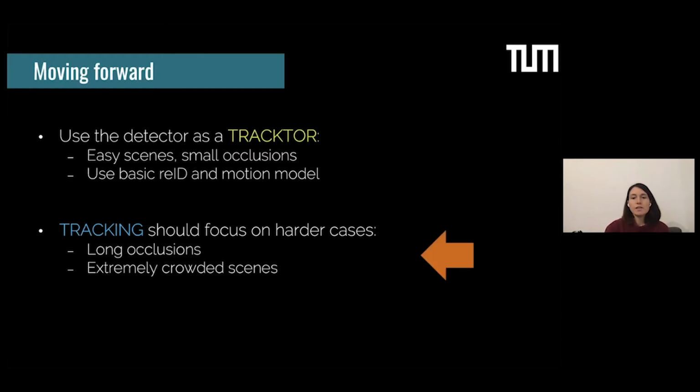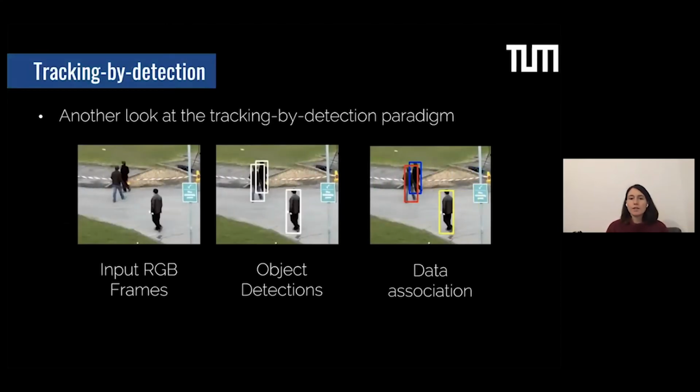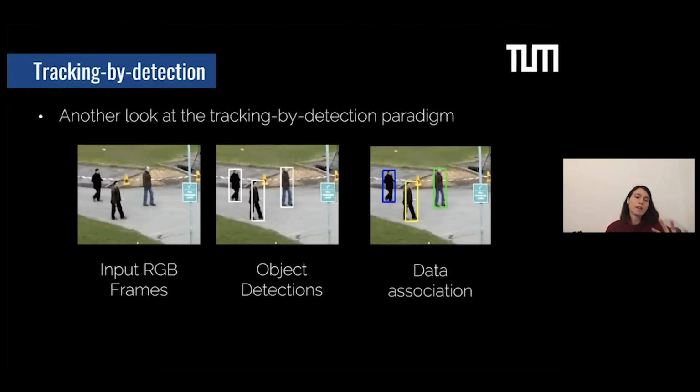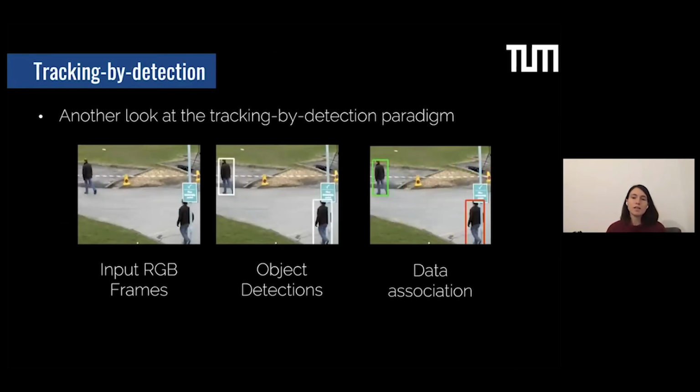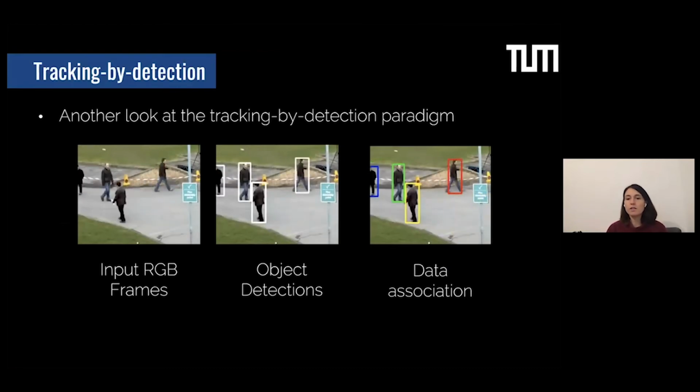So based on this paradigm, we said, well, now let's focus on the second part, right? If we should focus on the harder cases, what kind of formulation could we use to actually tackle these problems? And so we took another look at the tracking by detection paradigm, right? We had our input frames, we had the object detections that now are going to be small tracks because we have Tractor.